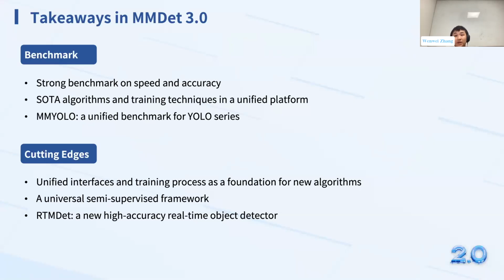And we also release a universal semi-supervised framework that can be generally applied to many object detectors so that both academia and industry could benefit from it. And we also released RTMDet, a new high accuracy and real-time object detector, so that the users and developers in the community could use off-the-shelf real-time detectors from MMDetection.